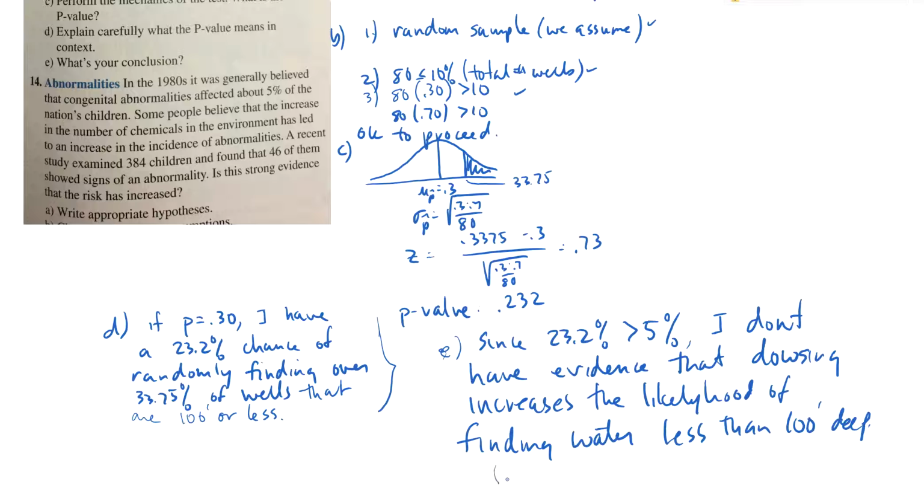Or that there's evidence that P is actually greater than 30%. Okay, does that make sense?